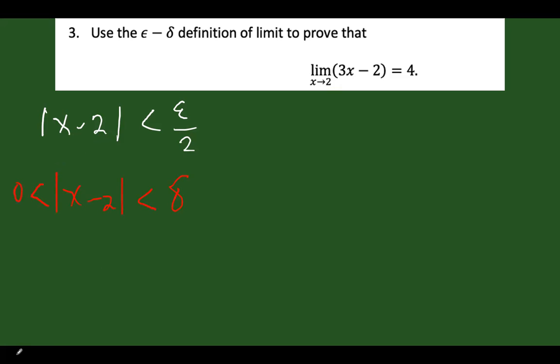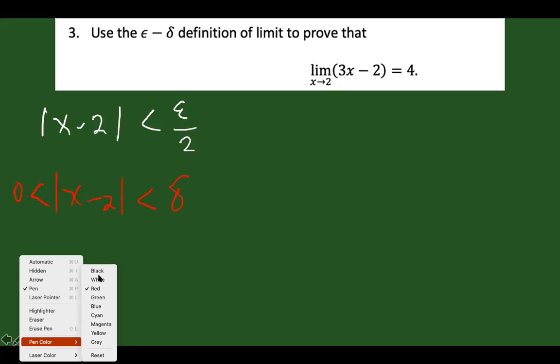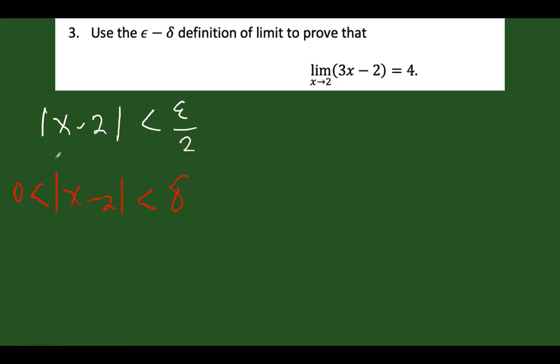Now let's use white. Now, the absolute value of x minus 2 is equal to the expression here. And we know that the absolute value of a number is always positive. So therefore, this is greater than 0, right? And it can never be equal to 0 because x can never be equal to 2.